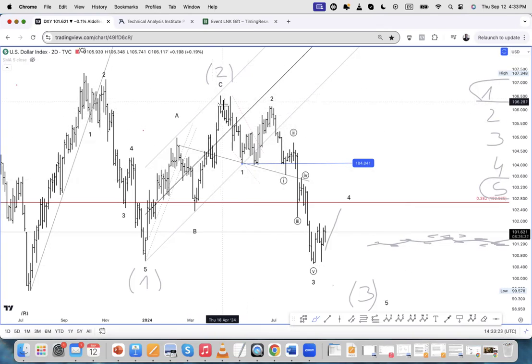We notice there are 5 waves down here, and there are 3 waves up there. So we're expecting the move to the downside. So let's say that we wanted the market to move to the downside, and of course we want to sell it. Let's say that we sell it here, right?